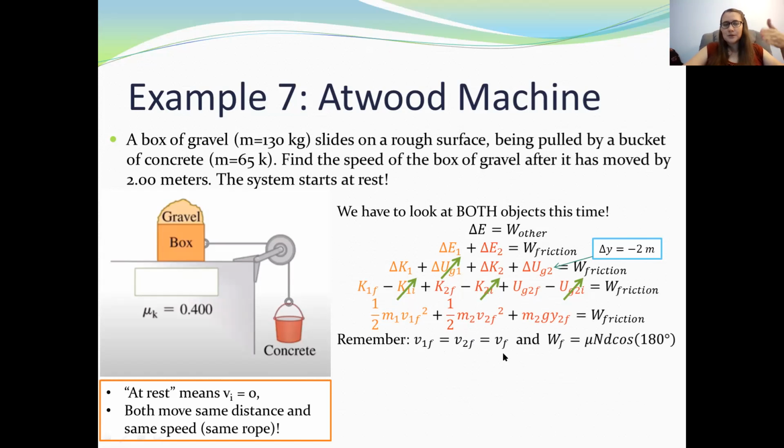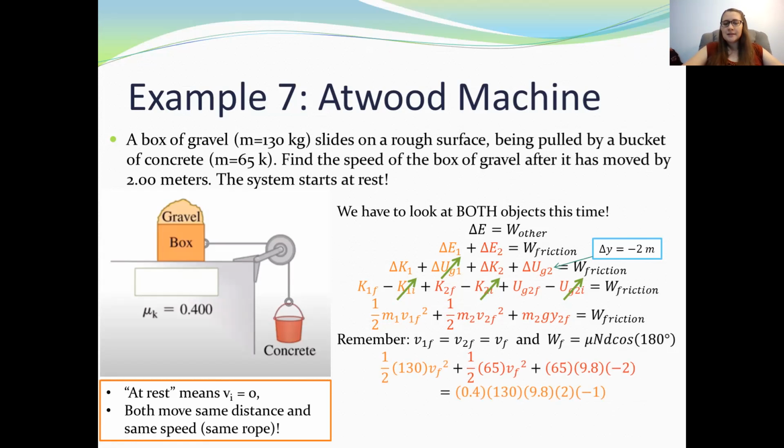It's the same for both, so let's just use one variable. The work done by friction, remember we saw this in the previous example, is mu, the coefficient, times the normal force, times the displacement, times the cosine of the angle between the force and the displacement, which for friction is 180 degrees.